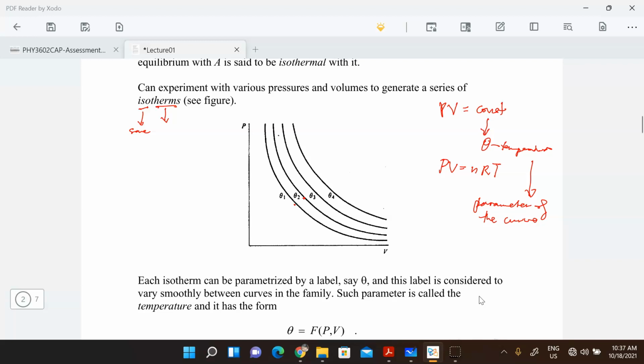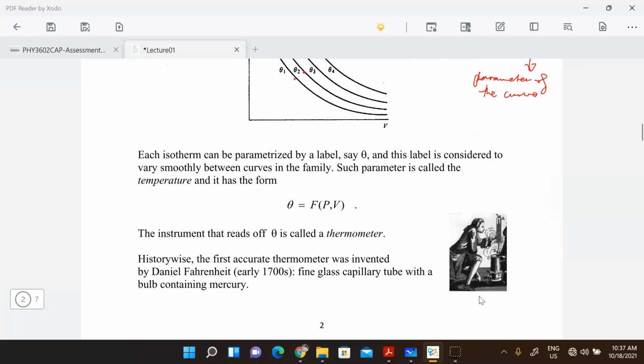So then this is what we call the temperature. I'm taking the high school example to motivate this idea. But now you have the concept of temperature as one that arises from some thermodynamic variables, in this particular case P and V. So I can write your theta, your temperature, as a function of P and V. And the instrument that reads off theta is called a thermometer.